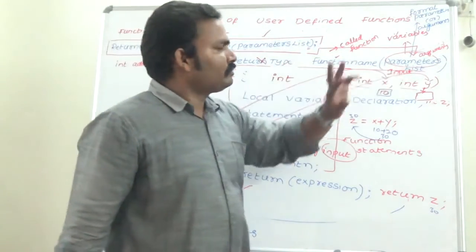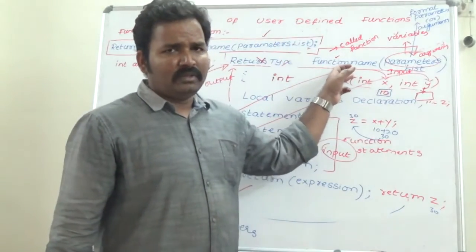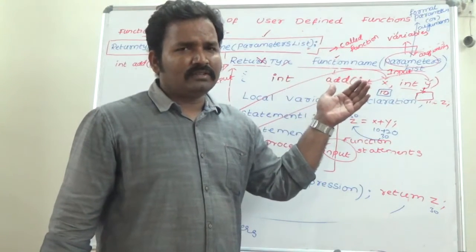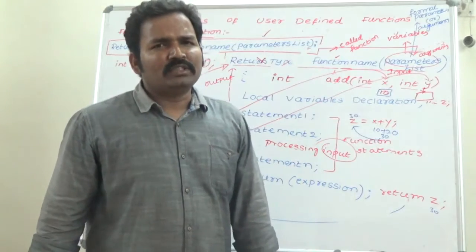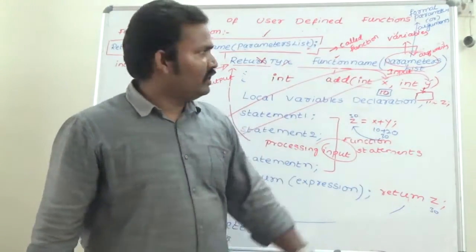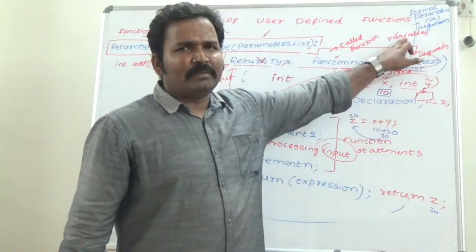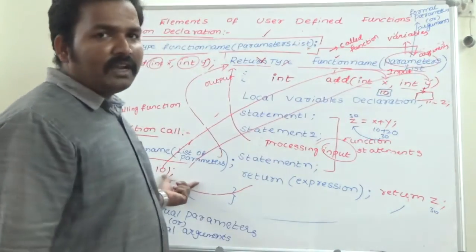Next, function name. Function name can be any name, but we should follow the rules. Whatever rules we follow for constructing a variable name, the same rules we should follow for constructing a function name also. Next, the parameter list is used to declare the number and types of variables, and these variables are used to receive the data from the calling function.